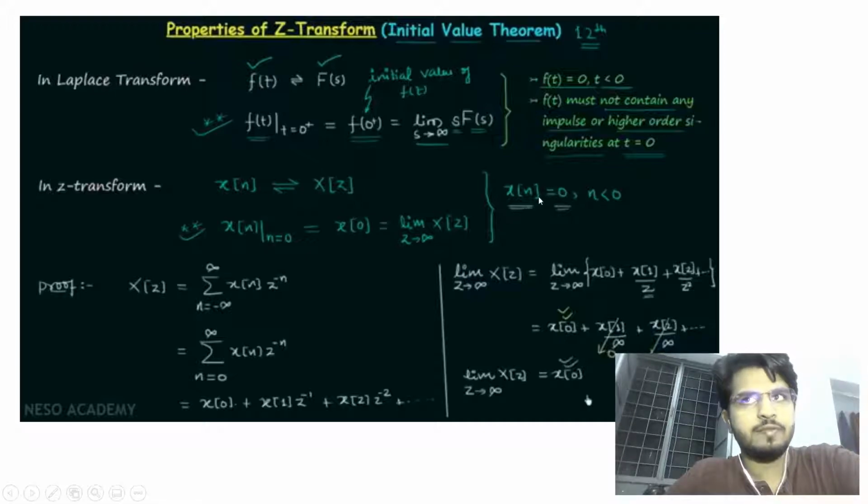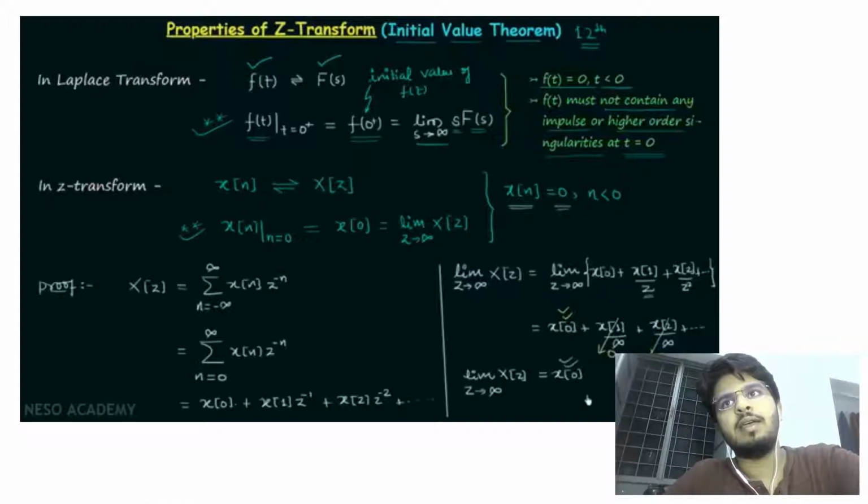And if that condition holds true, then the initial value of the input signal, x at n equals 0, is going to be given by the limit of the complex number z approaching infinity. Z must approach infinity in the final signal.